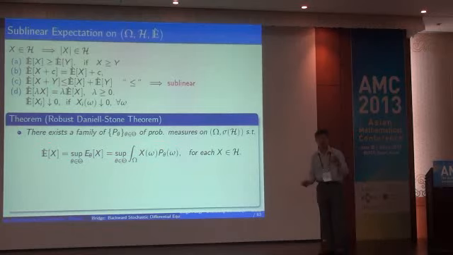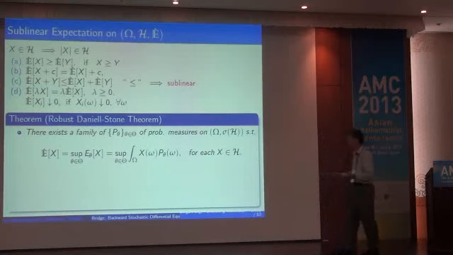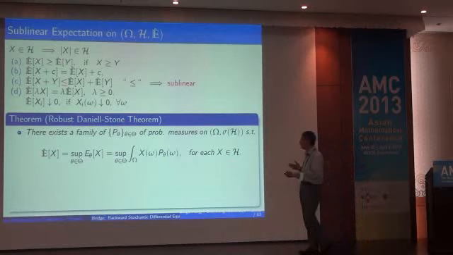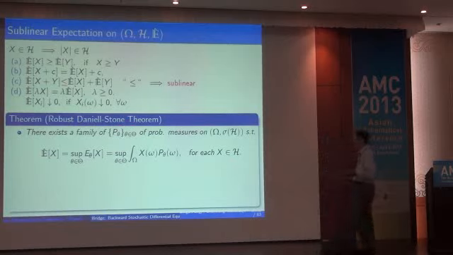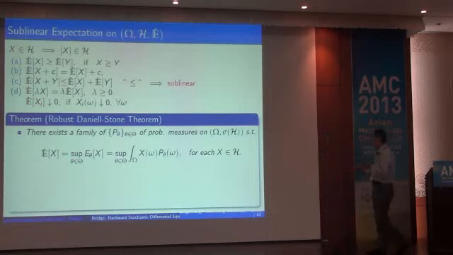So this is our basic setting, and this is the uncertainty subset we have. This is in fact an if and only if: of course, if you take the sup, you have this, which satisfies A, B, C, D. So we can just work in the sublinear expectation space.